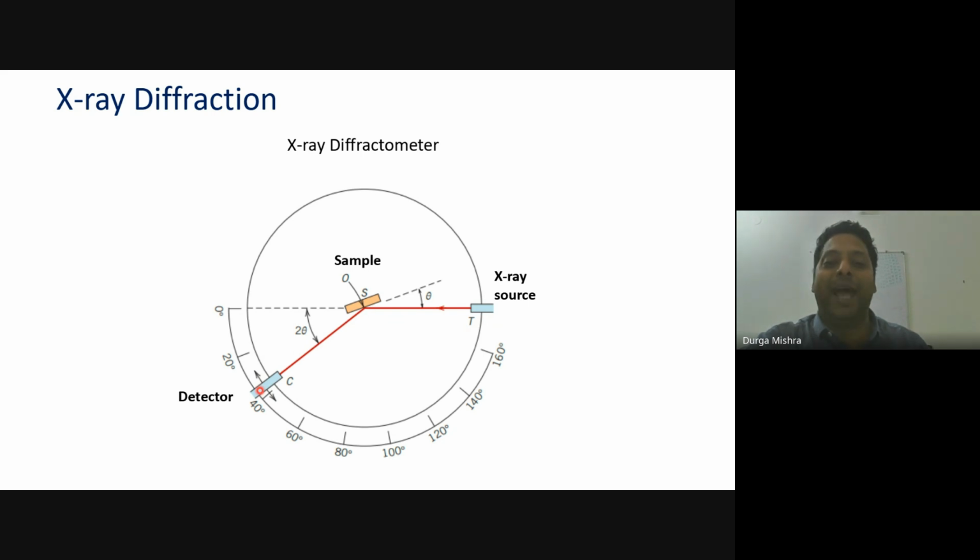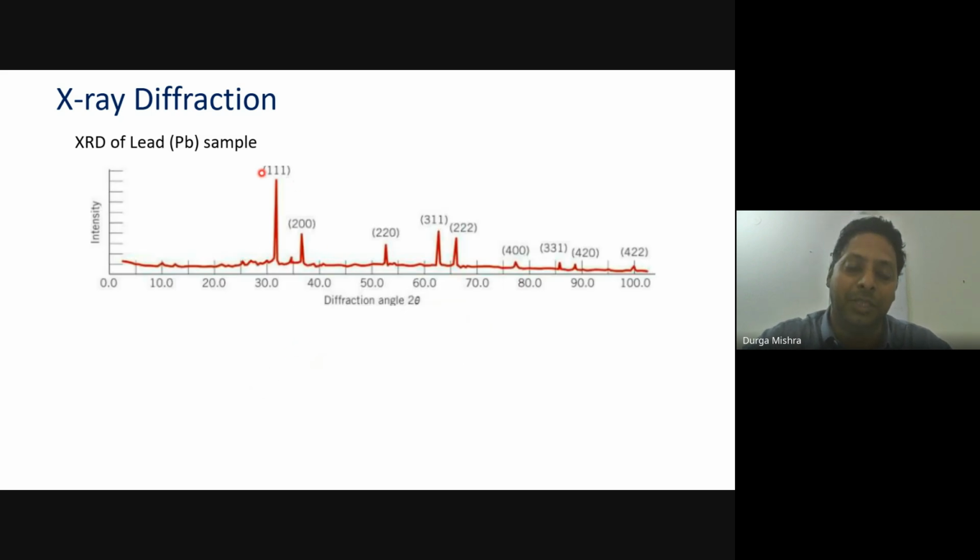As I said, Bragg's condition is not the sufficient condition. Depending on the material, which HKL value will give intensity is decided by whether it is FCC or BCC. If Bragg's condition and the reflection rule are both satisfied, you will immediately see an intensity here.